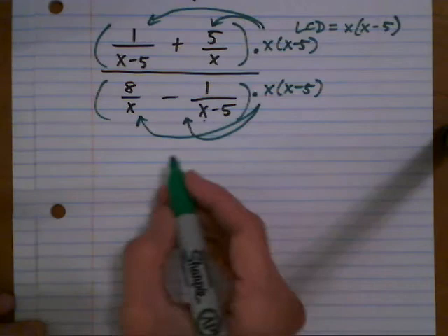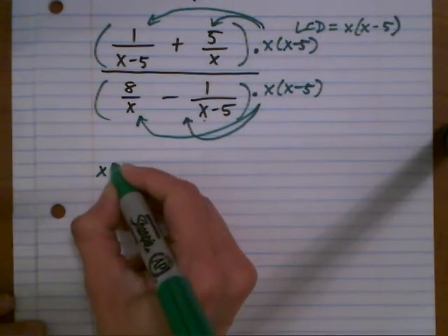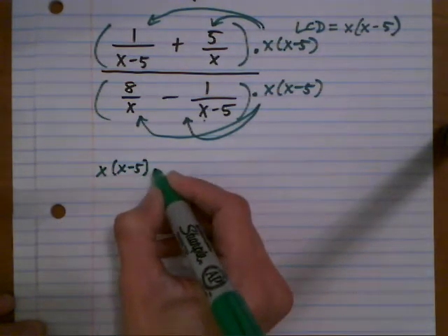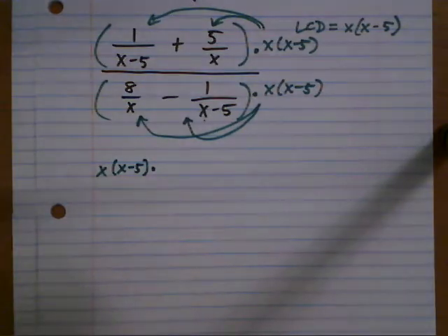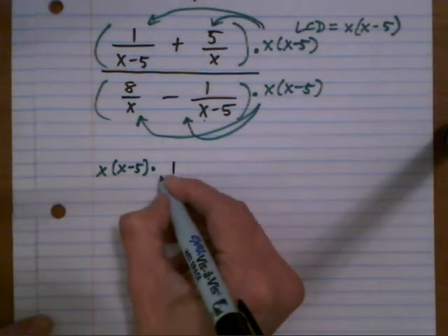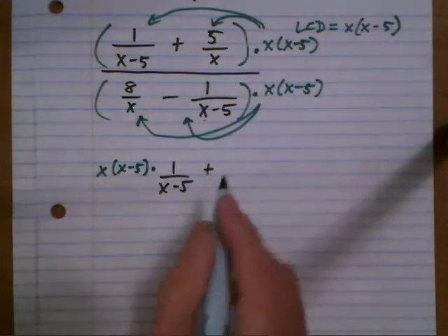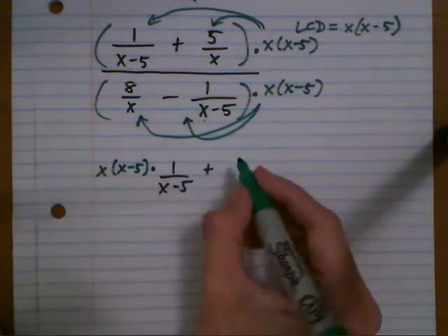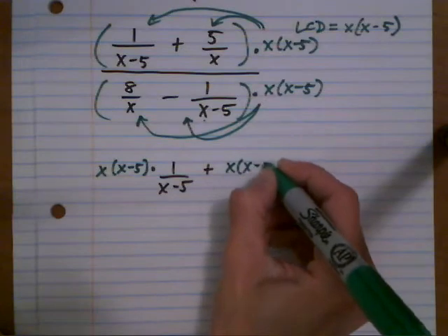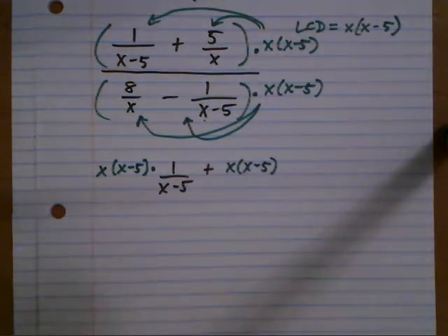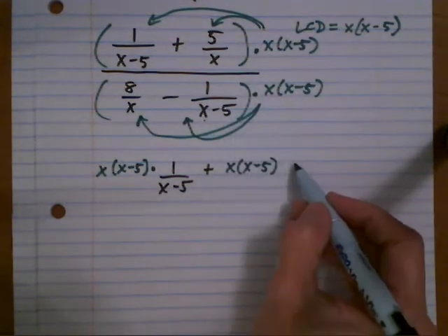On the top we start with x times x minus 5, and that's multiplying 1 over x minus 5, and then plus, again the LCD, x times x minus 5, and that's multiplying 5 over x.